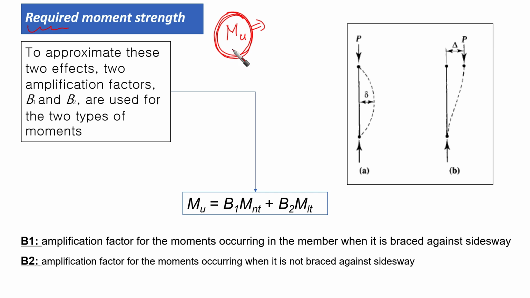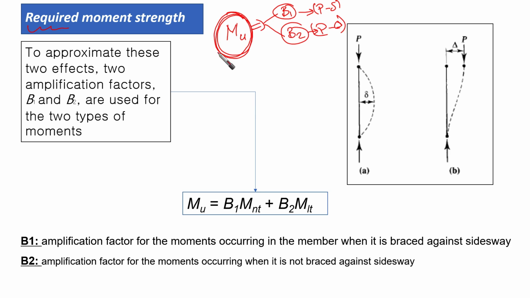This specific way takes two effects into consideration: the effect coming from B1 and the effect coming from B2. This means P delta, small delta, and P delta, capital delta. So we have two effects here.